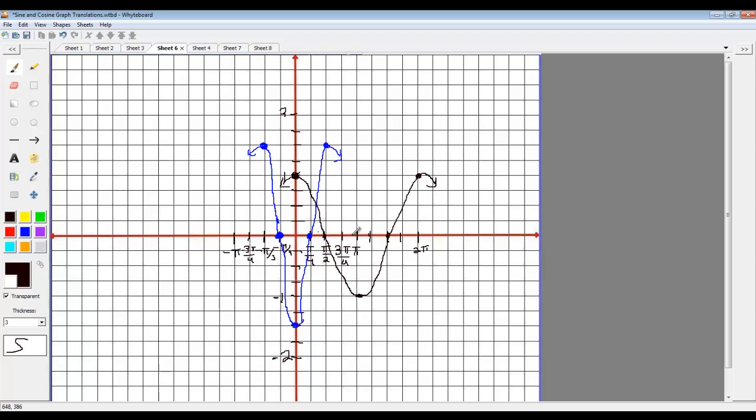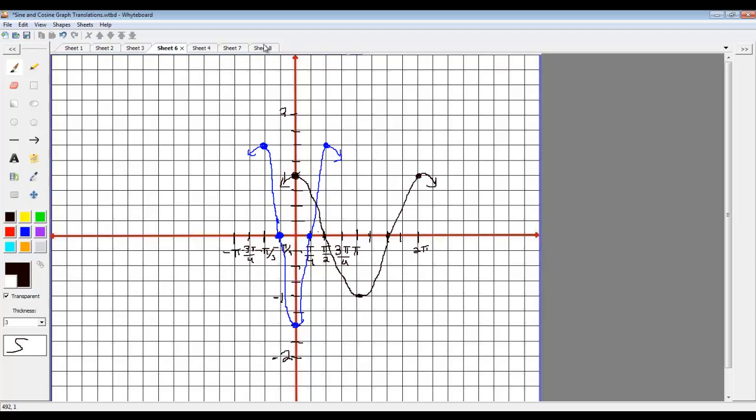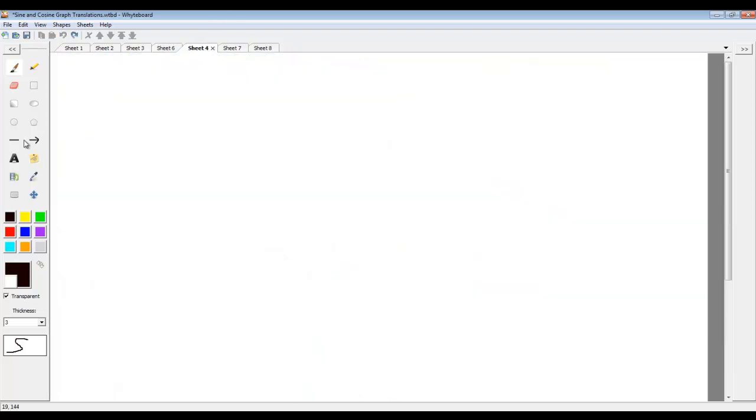So it would have been wider. But notice this is skinnier, but if you think about the fact that the period's only pi instead of 2 pi, it's going to have that horizontal squash. There you go. That's y equals 3/2 times cosine of 2x plus pi. Okay, so that's giving you horizontal or phase shift.